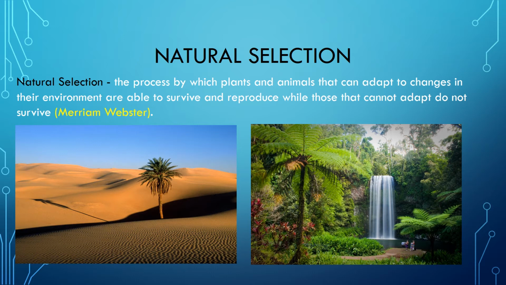But what's also important to understand is this lone plant in the desert would have a difficult time surviving in the rainforest. It probably would not be able to, because the plant in the desert has adapted to its environment in the desert.